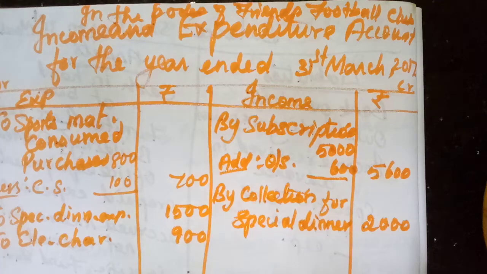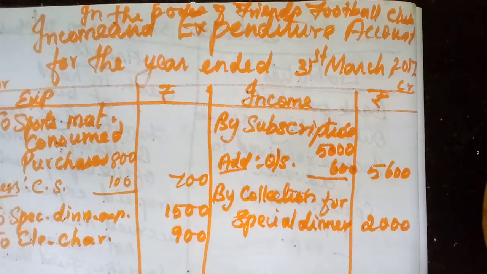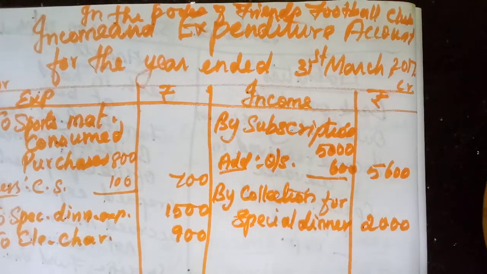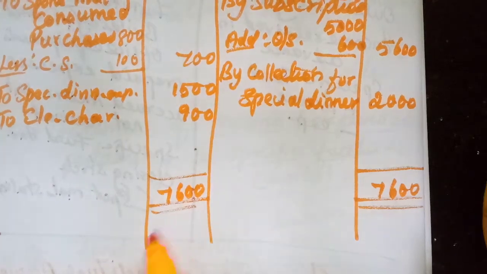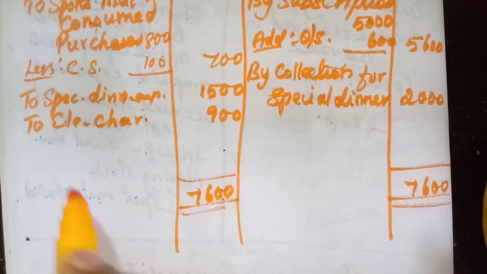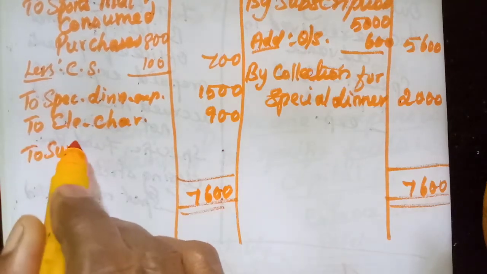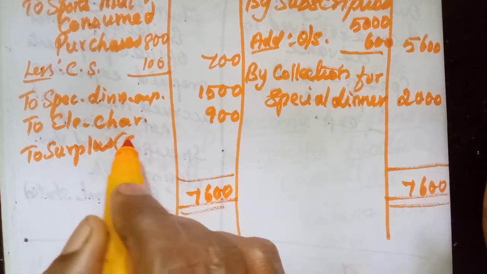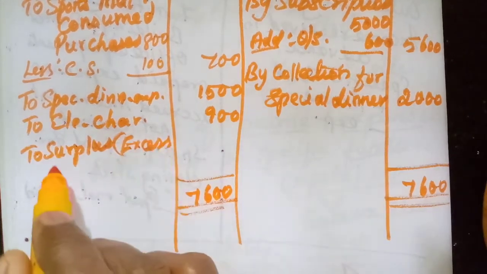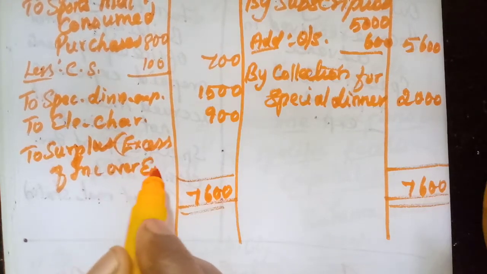Which side more? The credit side. So 7,600. Here also you write the same amount, 7,600. Now we need to write to surplus, bracket excess of income over expenditure.